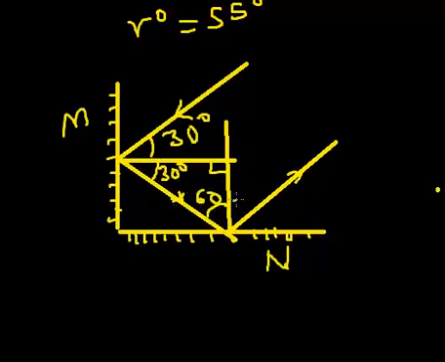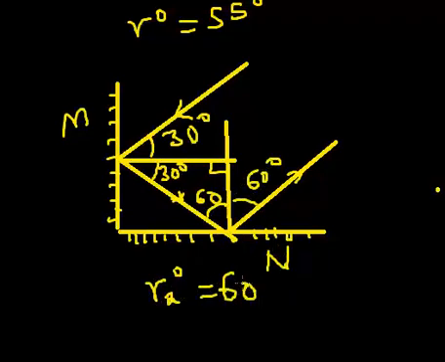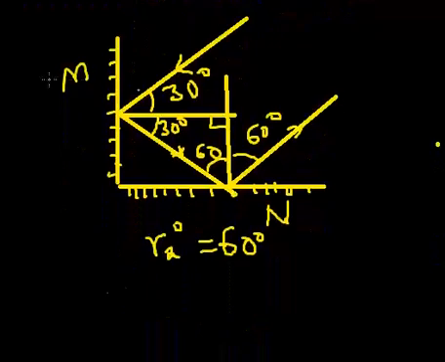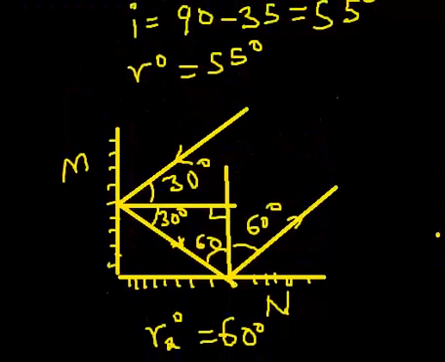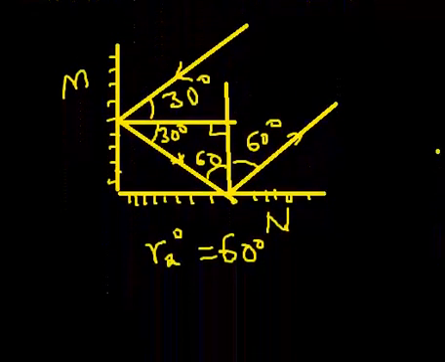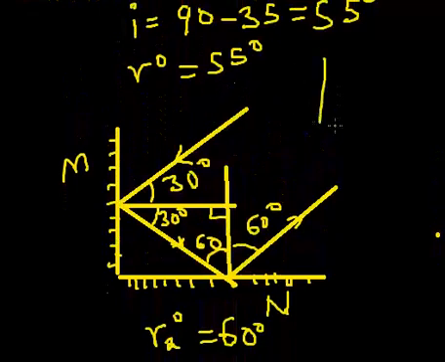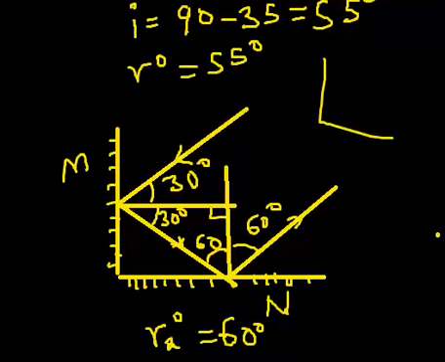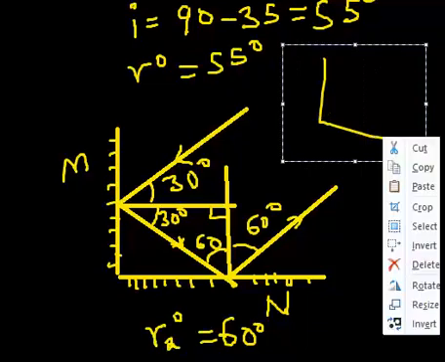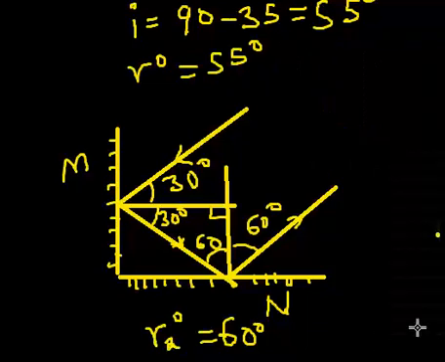So the angle of reflection here is 60. R2, the angle of reflection at the second mirror N, is 60 degrees. It just has to do with perpendicular lines. You know that for perpendicular lines the angle is 90 degrees. As simple as that.